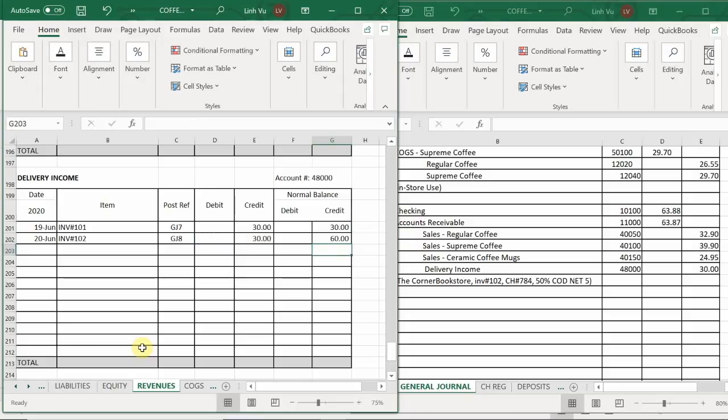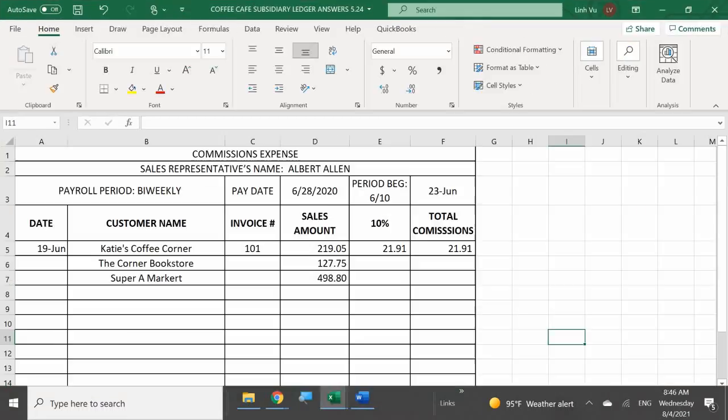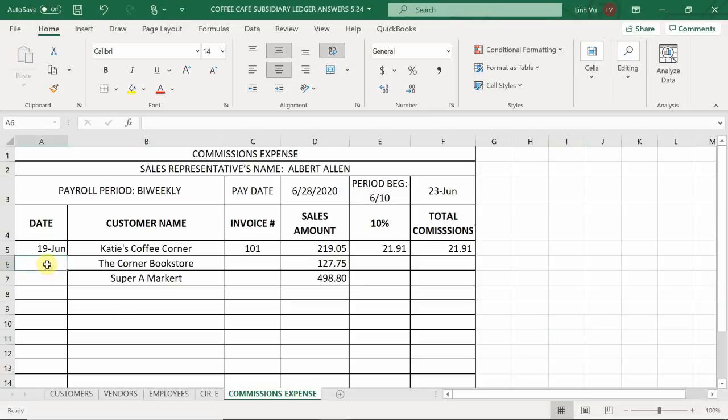Then the subsidiary ledger for his commission expense. We could do the commissions first. 6/20, Corner Bookstore, the invoice number is 102.